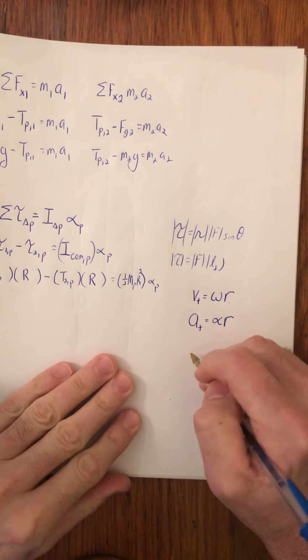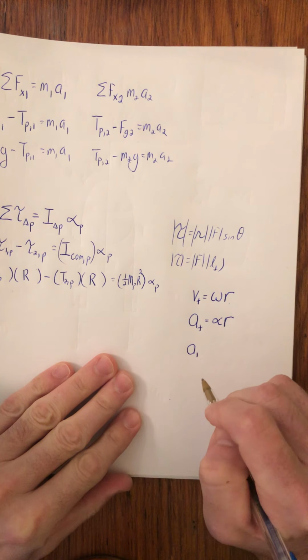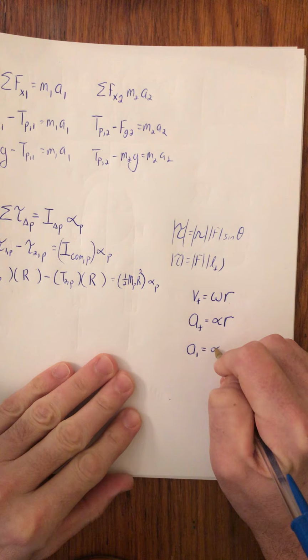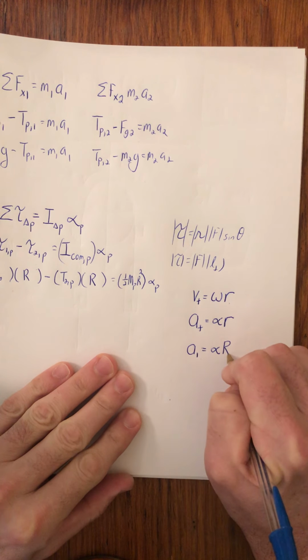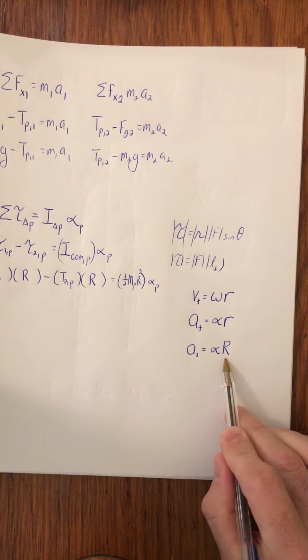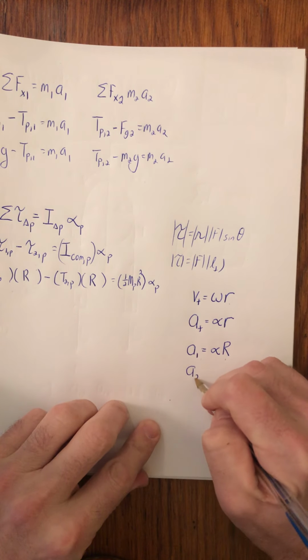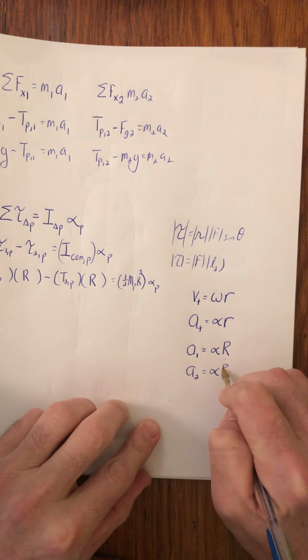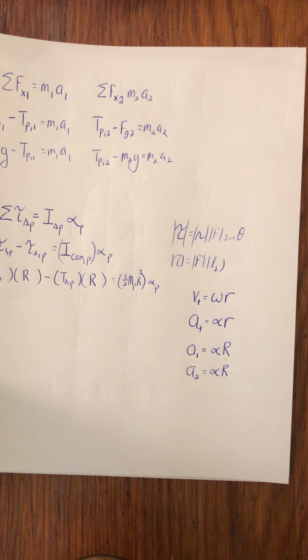So in this case, I can say that A1 is equal to alpha of the pulley times capital R, because that is how far point A is from the axis of rotation. And A2 is equal to alpha R as well, because they're both at a distance R from the axis of rotation.